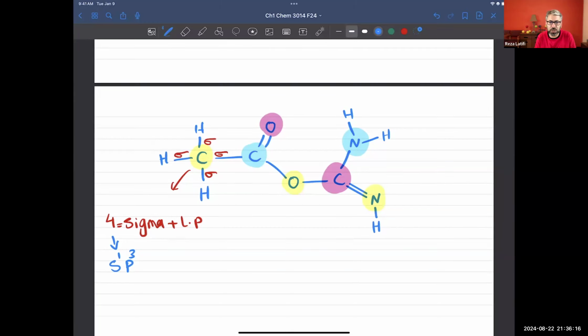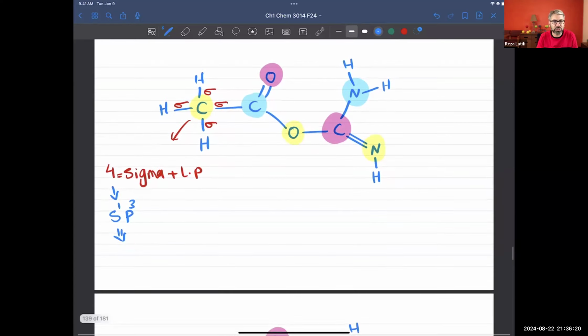What's going to be the bond angle? The expected bond angle for sp3, if there is no lone pair, and in this case we don't have a lone pair, we have 0 lone pairs.